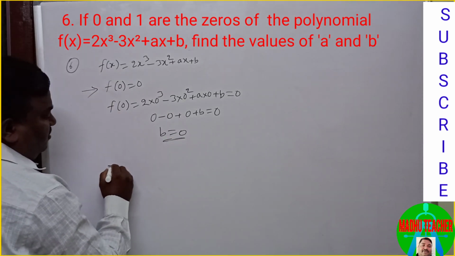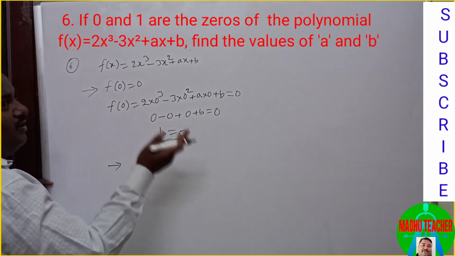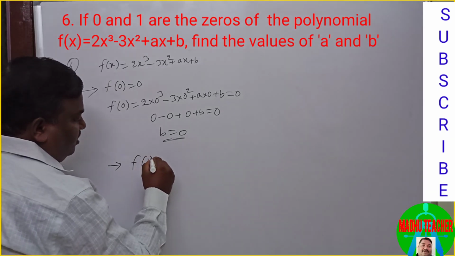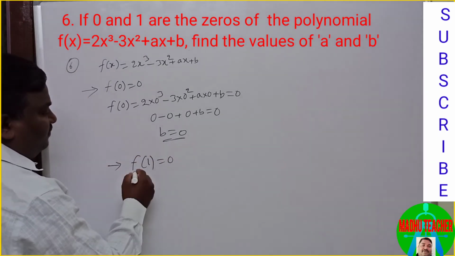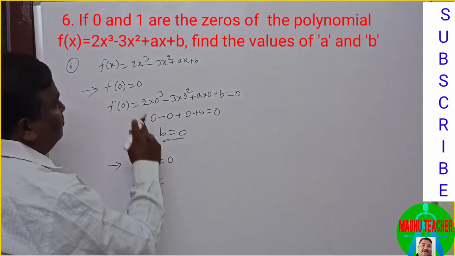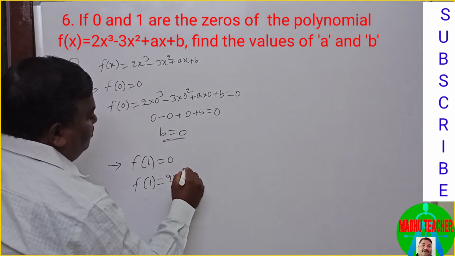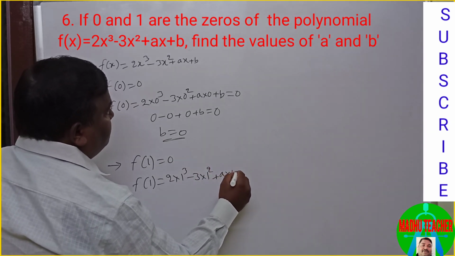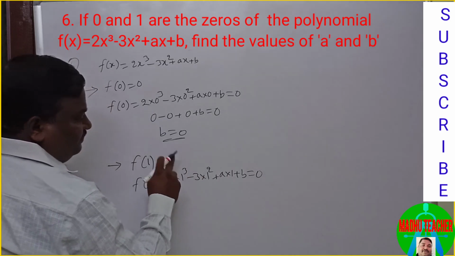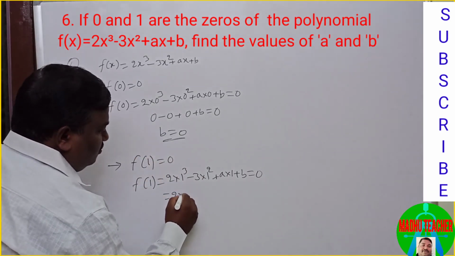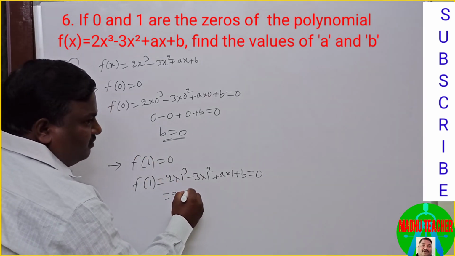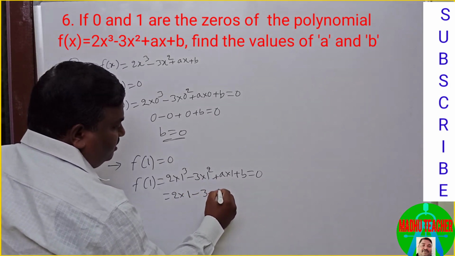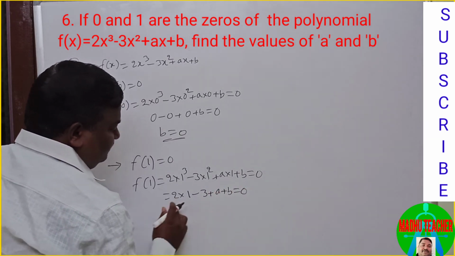What is the next condition? 0 and 1 are the zeros of the polynomial. Therefore, 1 is also a zero of the polynomial. Therefore, f of 1 equal to 0. That means f of 1 equal to 2 into 1 cube minus 3 into 1 square plus a into 1 plus b equal to 0. 2 into 1 cube is 2, minus 1 square is 1, 3 ones are 3, plus a into 1 is a, plus b equal to 0.